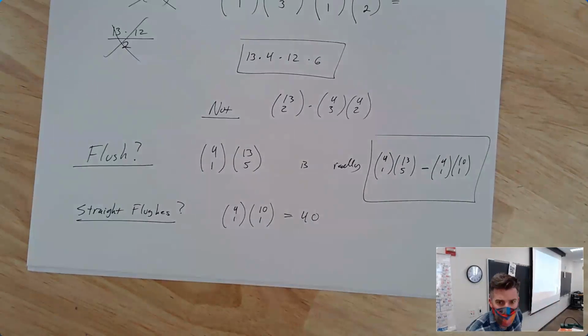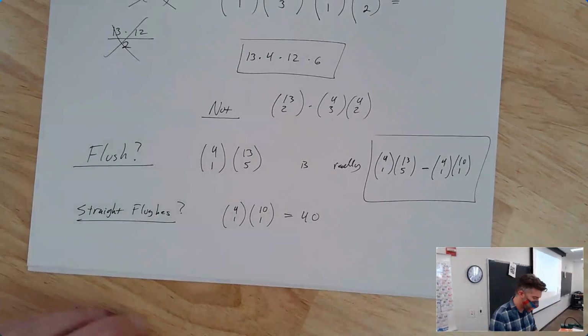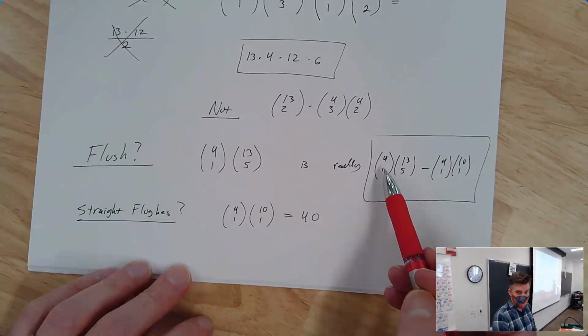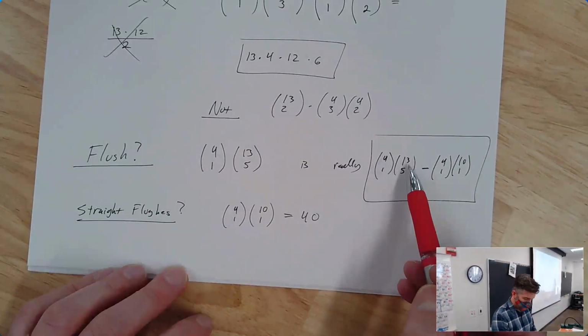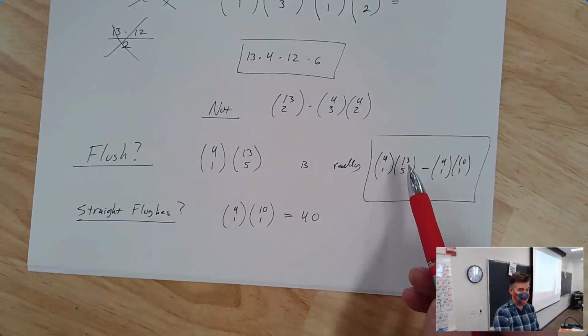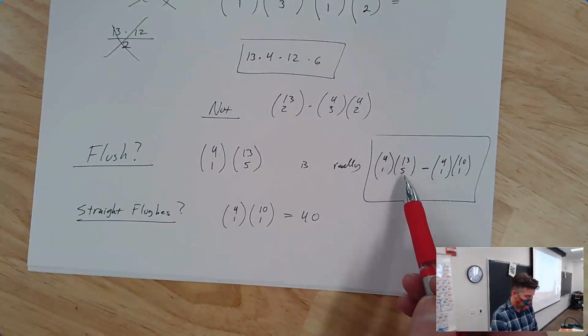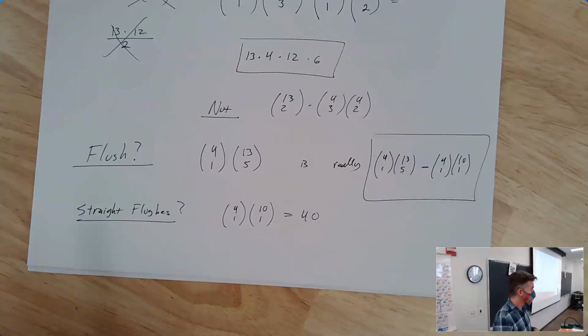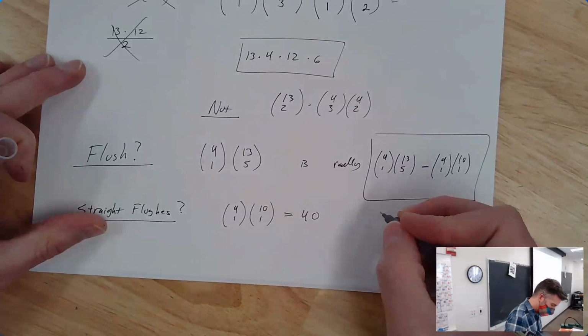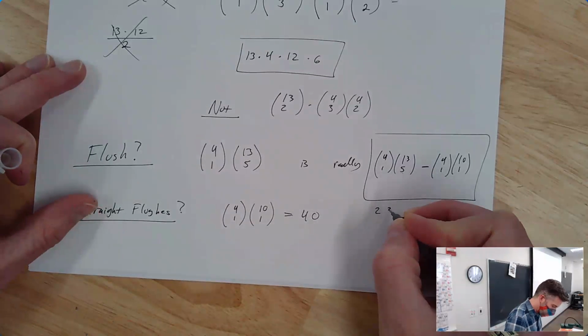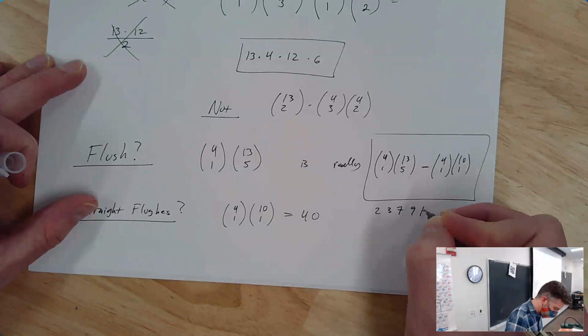Somebody asked, in the rules of poker, the queen and king are not included. The queen and king are included. So for a flush, I'm picking the suit. There's 4 different suits to pick from, and then there's 13 cards, which includes the king and the queen and the jack and the ace, and we're picking 5 of them. So a flush could be, for example, 2 of hearts, 3 of hearts, 7 of hearts, 9 of hearts, king of hearts.